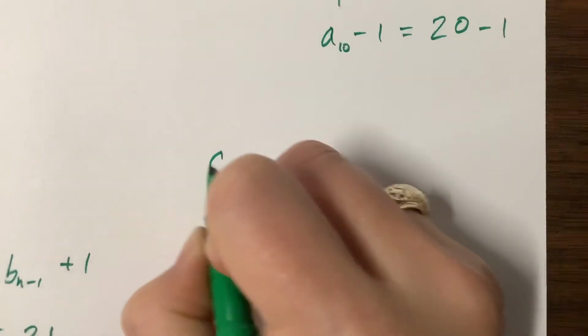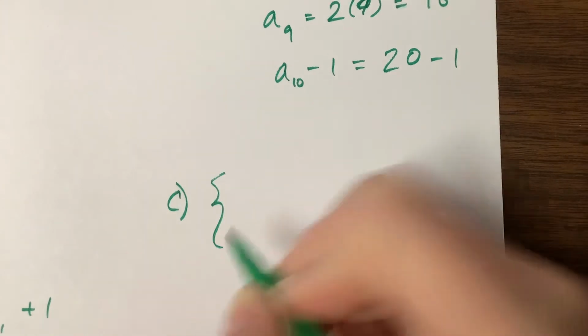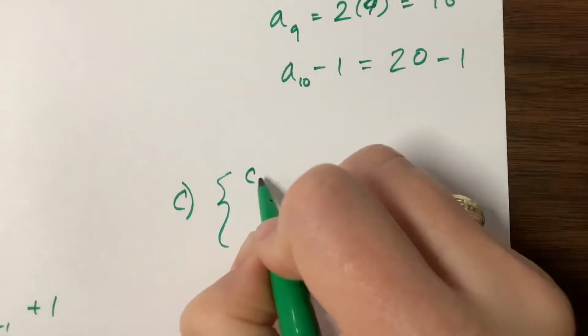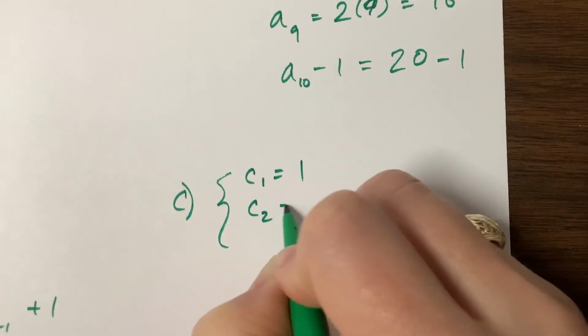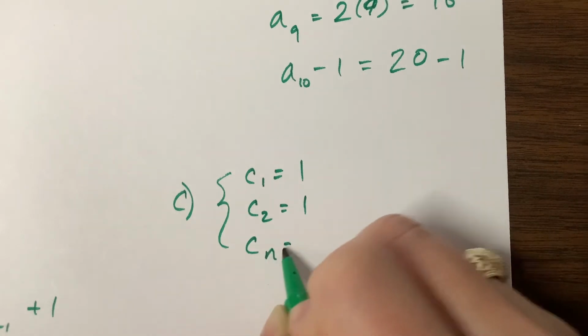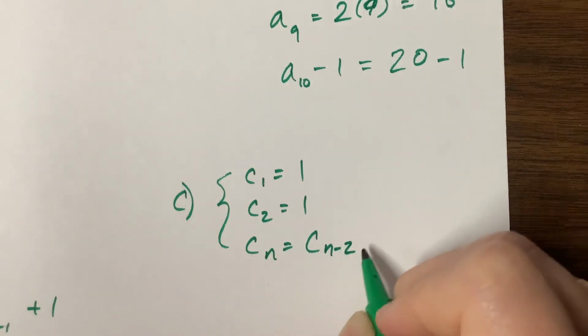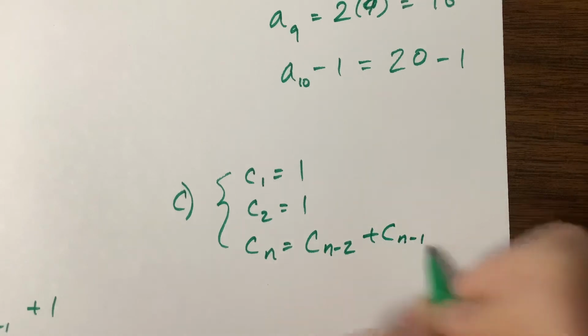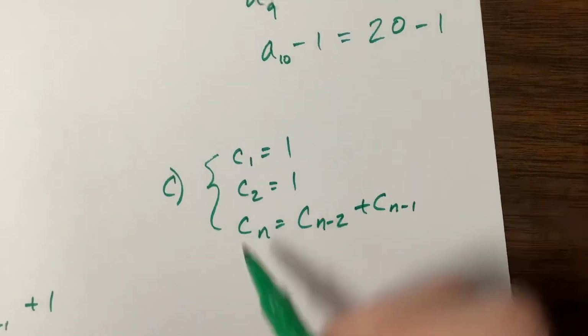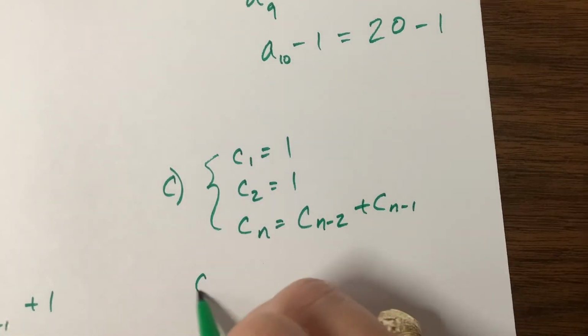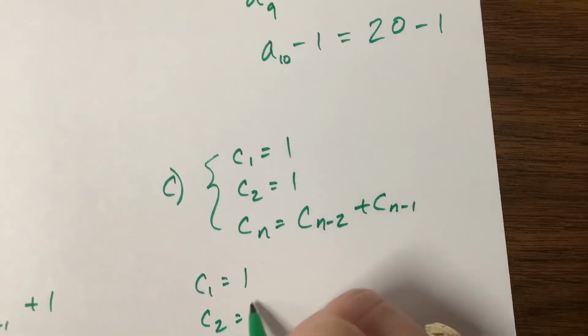The third one on this part of the worksheet, I think, let me look again. Yes, okay. So it said c sub 1 is 1, c sub 2 is 1, and then c sub n is equal to c sub n minus 2 plus c sub n minus 1. So what this is saying is the first term is 1, the second term is 1.